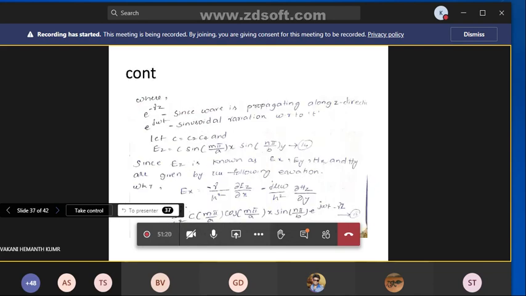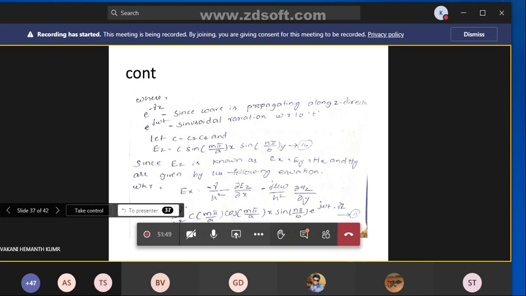Okay, so if you substitute Ez in the Ex equation, then you will get minus gamma by h square dou Ez by dou x minus j omega mu by h square dou Hz by dou y. In place of Ez we are substituting C sin m pi by a x sin n pi by b y, right?